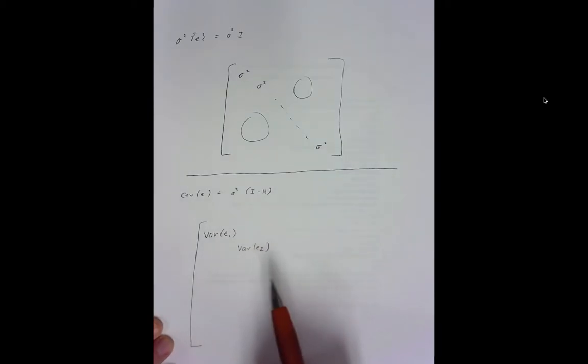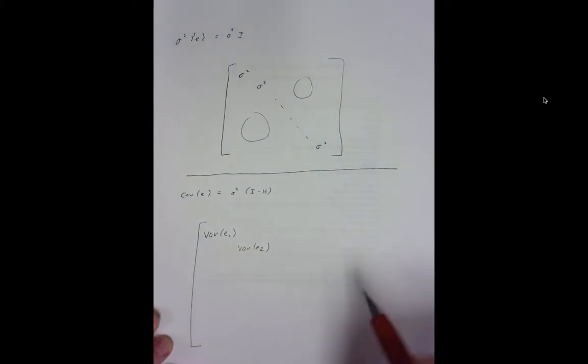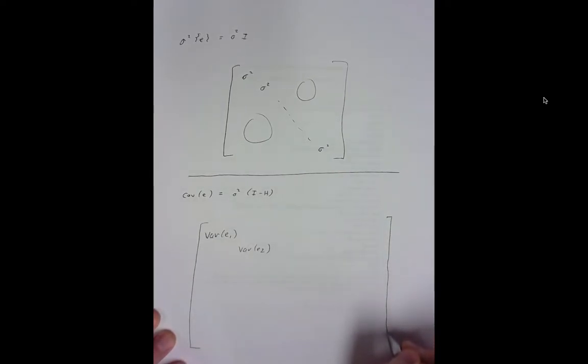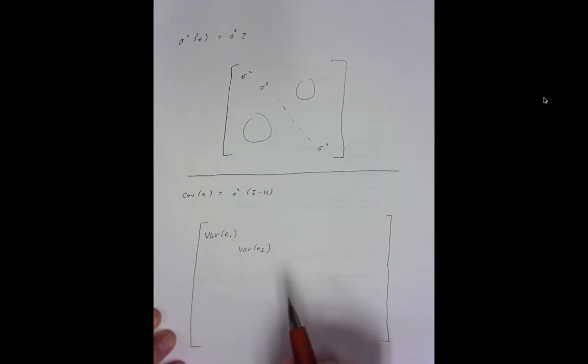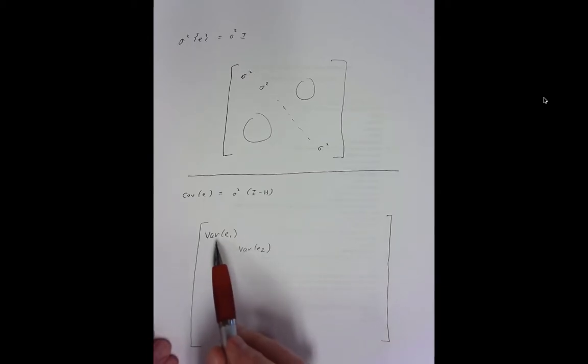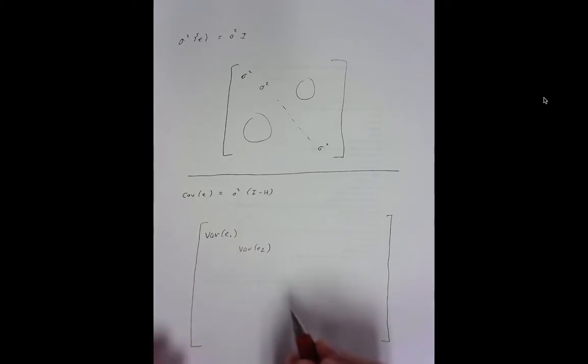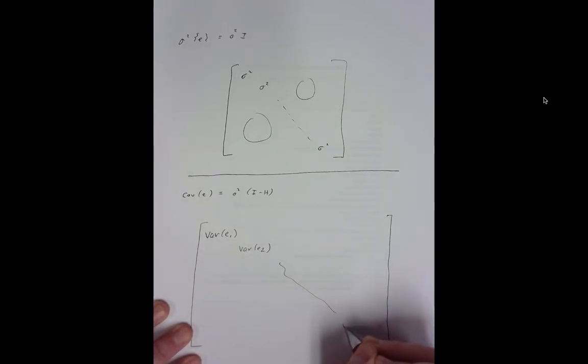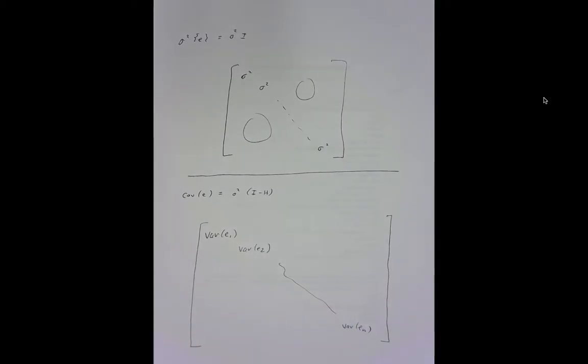And guys, again, don't forget, this matrix here is an n by n. We have n observations, n observed data points. So this would be the variance of the error for the first data point, and so on and so forth.